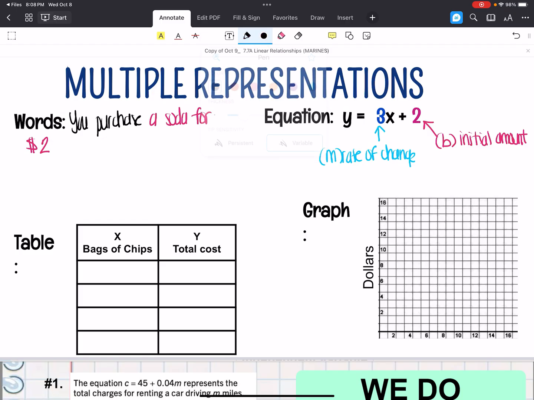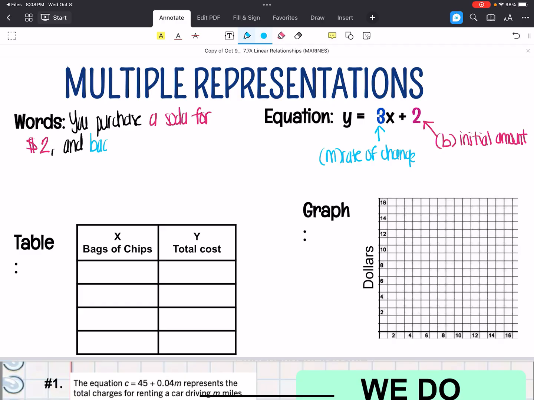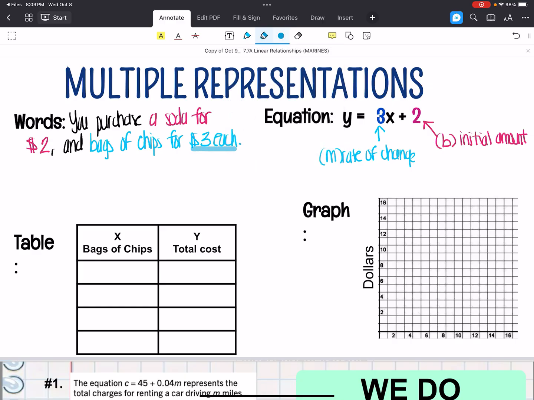That's singular, letting you know it's that one-time amount. And you also purchase bags of chips for $3 each. Keyword here, each, letting us know we're multiplying.